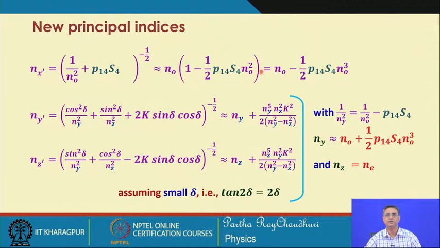So, we will remember this, and when we apply this diagonalization of the matrix, we will end up with this equation, and this one is a little involved expression for n y dash and n z dash.